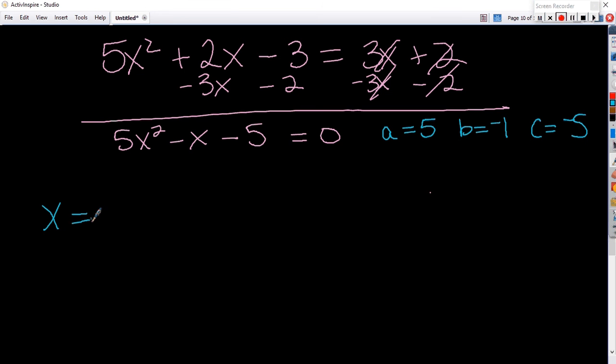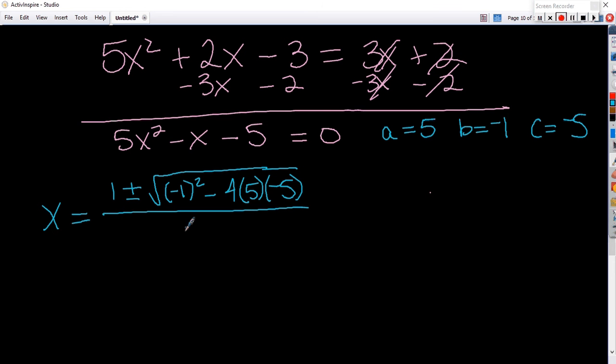Opposite of B, 1, plus or minus square root of B squared, 1 squared, minus 4 times A times C, all over 2A.